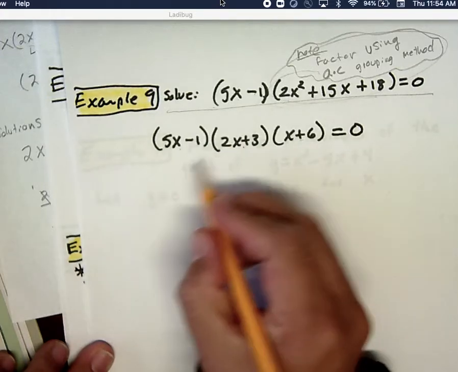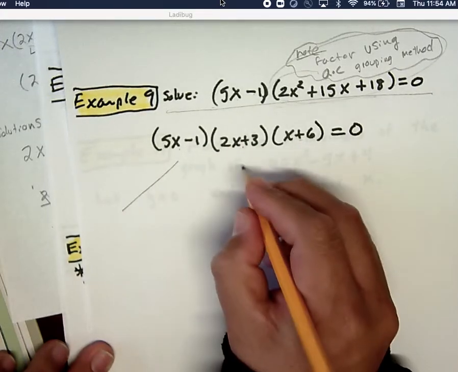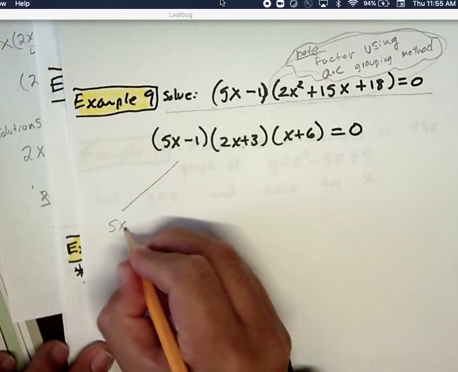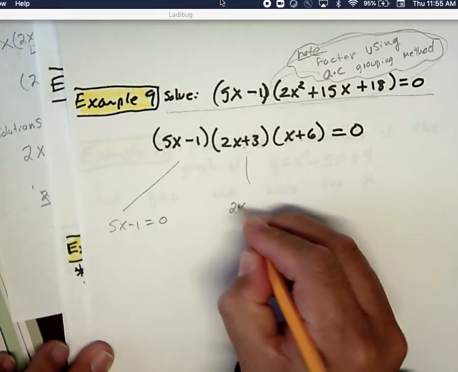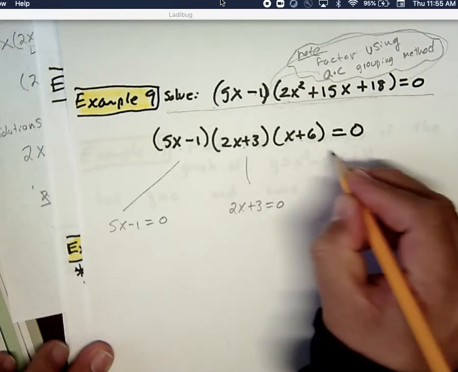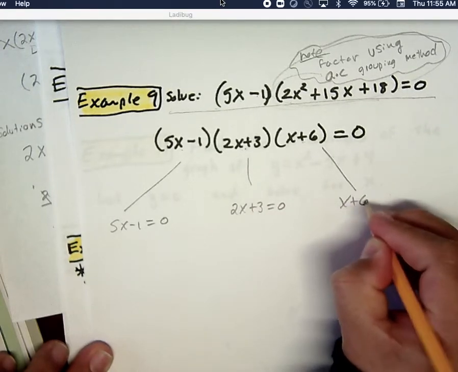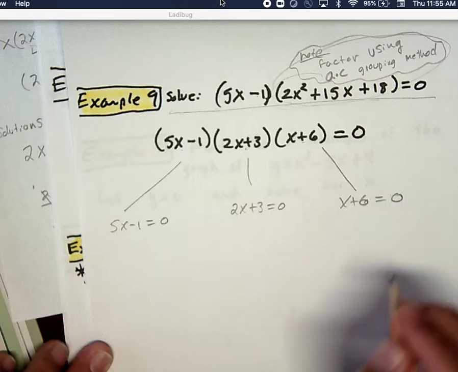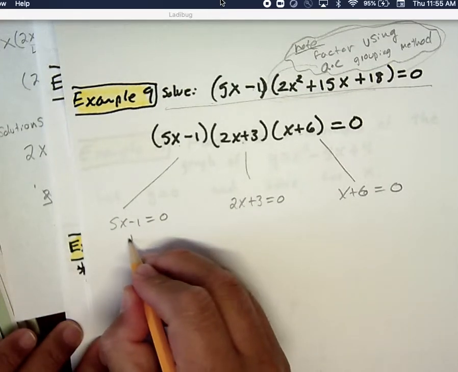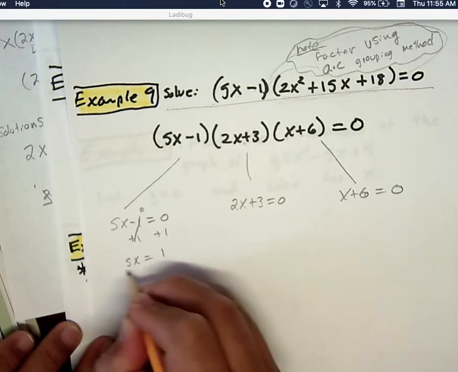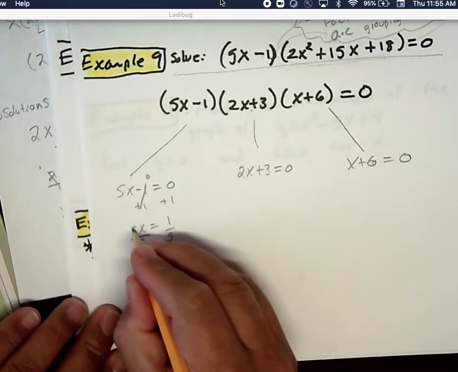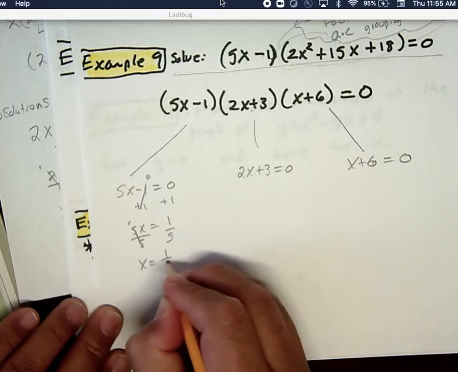Once you have that, all you have to do is set each factor equal to 0. So this one would be plus 1, 5x, 1 minus, divided by 5. So x equals 1/5 for this one.